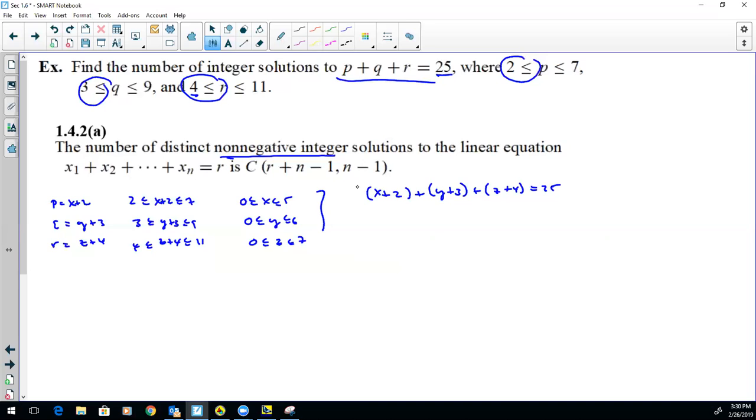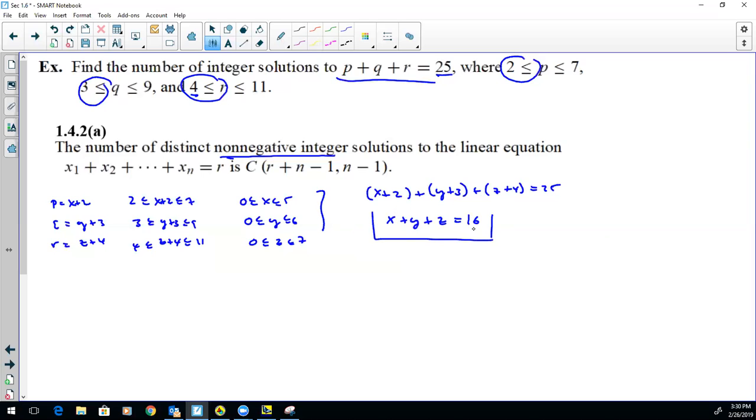Subtract off the 2 and 3 and the 4. Okay, we have x plus y plus z equals 16. So this is the equation we're working with here. We're looking at non-negative integer solutions to this guy.